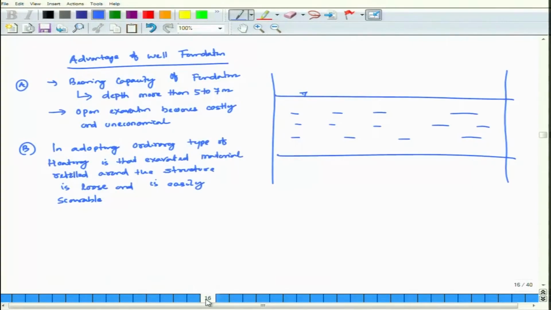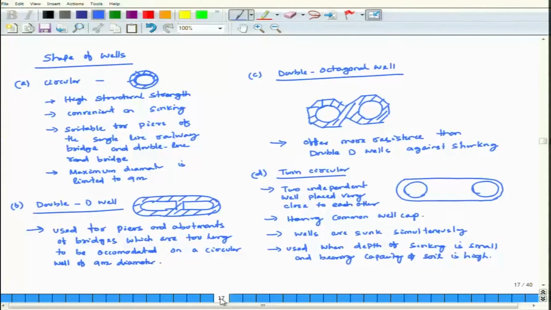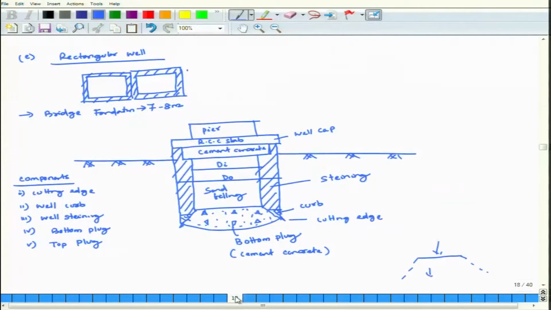Then next is the advantage of well foundation, that also I have discussed. Then the shape of the well, what are the different shapes and where they will be applied. As far as shapes of wells, there are circular, double D well, double octagonal well, twin circular and rectangular well.